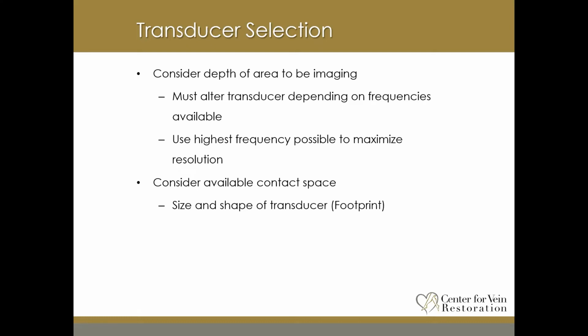It also equals a decrease in the B mode and Doppler resolution. So these are often things that have to be considered when you're choosing the frequency of probe that you're going to use. A higher frequency is going to give you better B mode and Doppler resolution, more attenuation of the signal, and a decreased depth penetration.